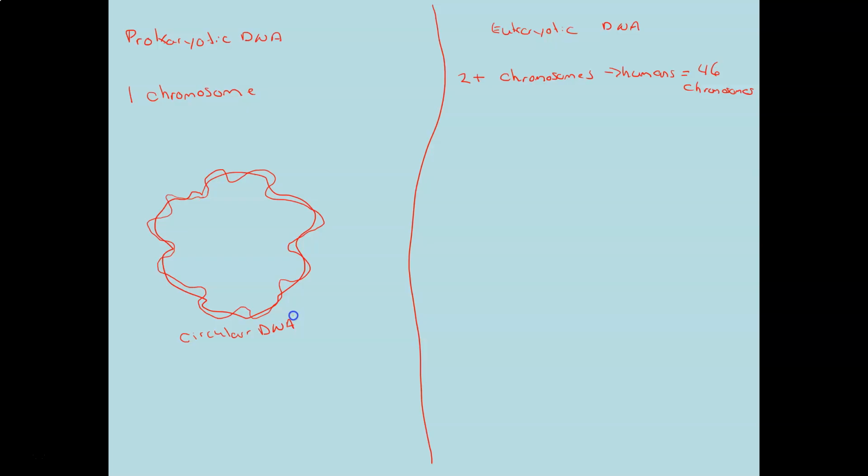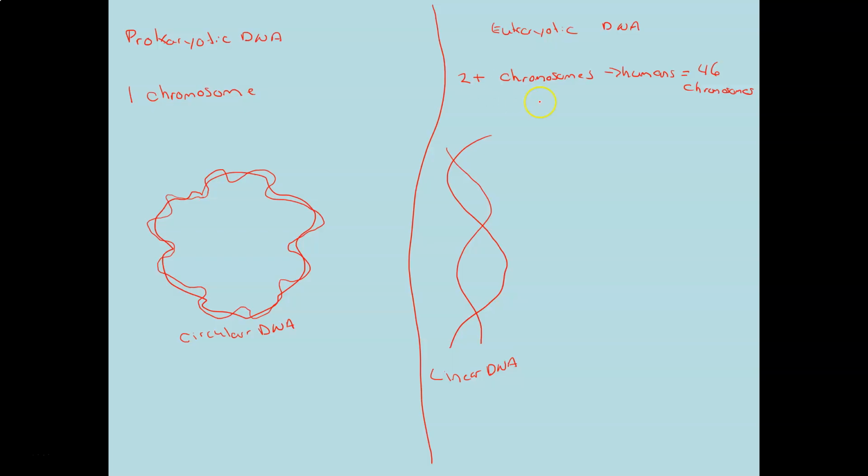When we look at the genetic information for a eukaryote, it's considerably more complex. First and foremost, they have linear DNA. So that means that that double helix exists in single lines. When that cell isn't dividing, we're using that genetic information, it's all spread out kind of like you see it here.